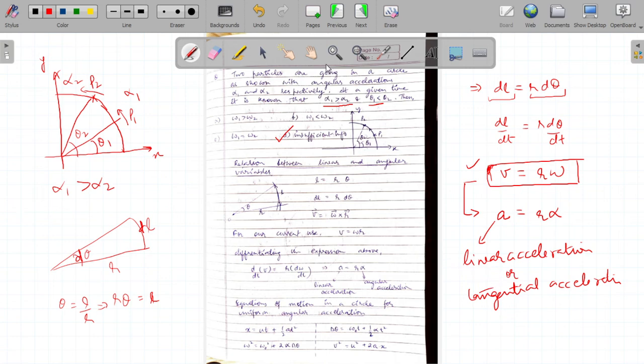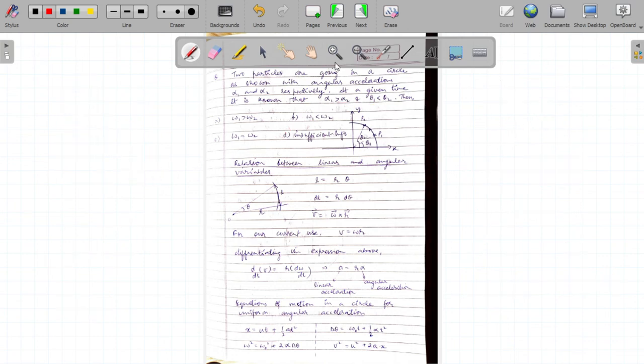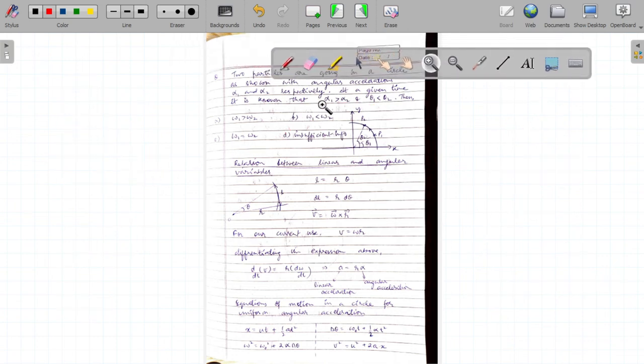Now let us talk about some analogous equations. We already know that angular acceleration of the particle is equal to d omega by dt. Let us take a case where alpha is a constant and the angular velocity of the particle goes from omega naught to omega. So omega naught is the initial angular velocity of the particle, and omega is the final angular velocity.